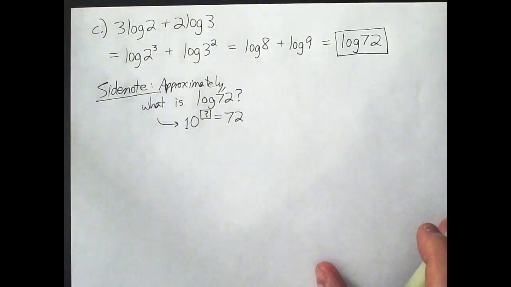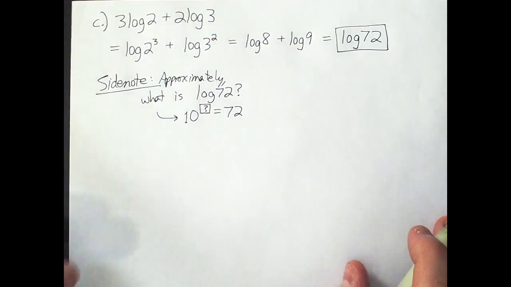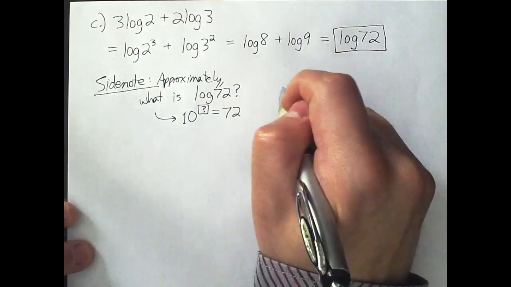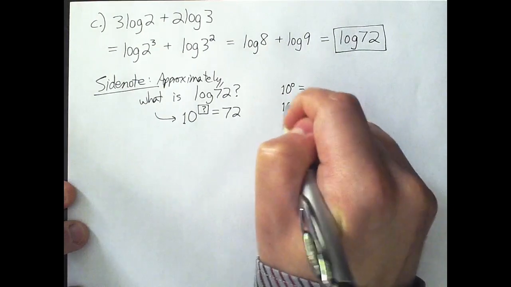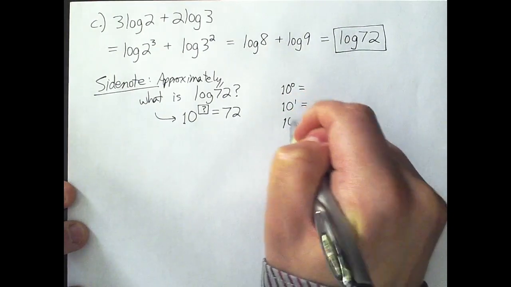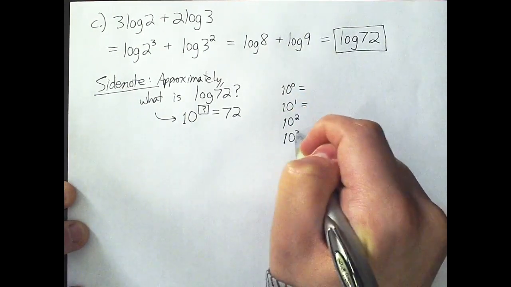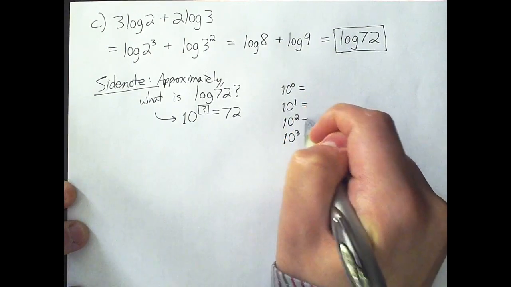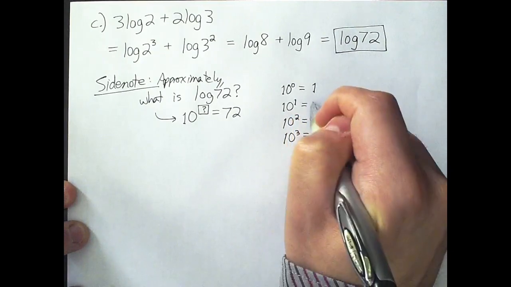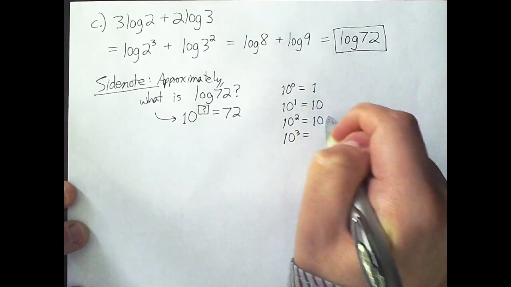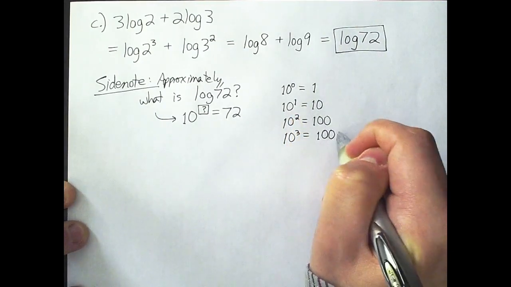Here, let's move this. Can we get like a ballpark answer? We could try different powers. We could say like 10 to the 0, 10 to the 1, 10 to the 2, 10 to the 3, and we might be able to figure out which one of these it's closest to. 10 to the 0 is 1, then this is 10, 100, and 1000.